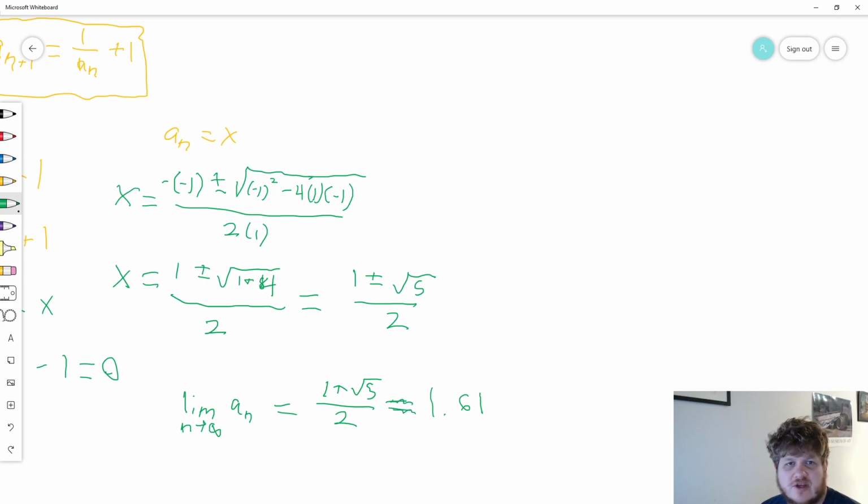And this is an important value because this is what's called the golden ratio. And it is found everywhere in nature, and this ratio between all of our different terms is in the Fibonacci sequence.